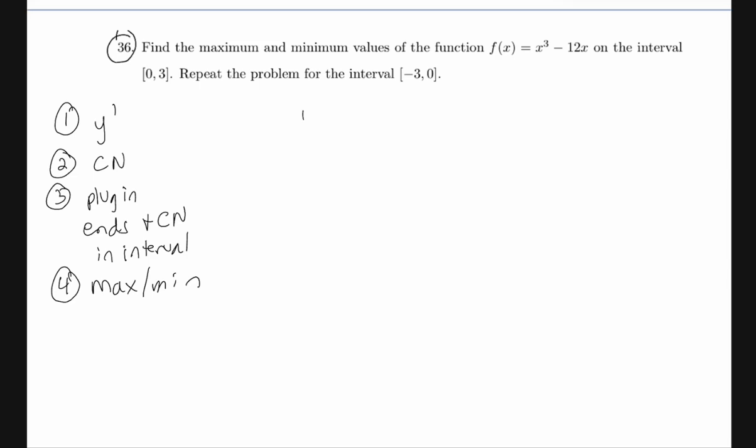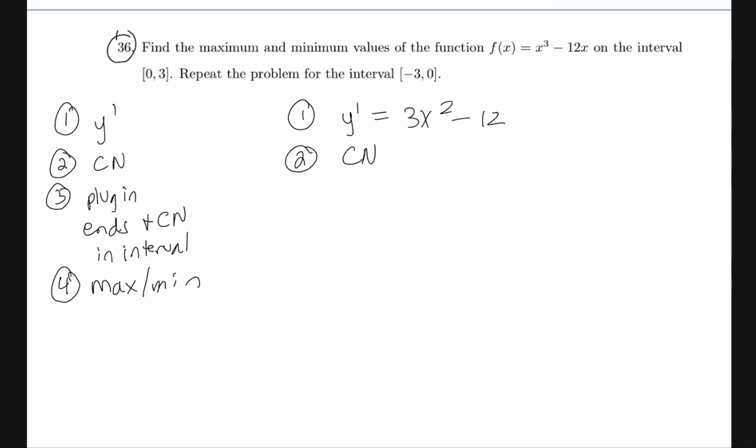The first thing we do is we find the derivative, which is 3x squared minus 12. The second thing we do is we find the critical numbers. The critical numbers are where that derivative either does not exist or is zero, but works in the original function. Now, that function doesn't have any undefined points.